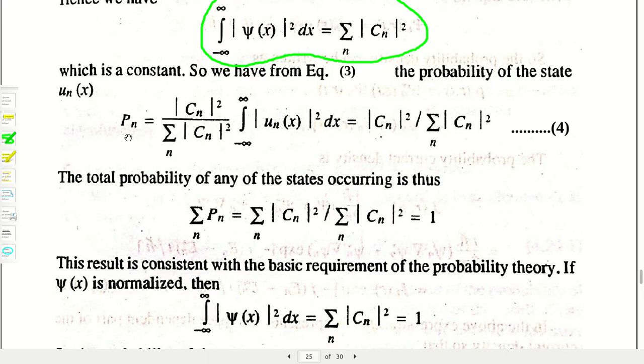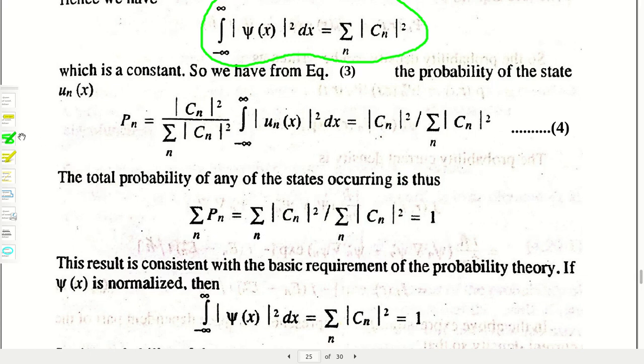If you take the summation over Pn, where n runs from 1 to infinity, then the sum will be on the numerator, not the denominator, because the denominator is a constant independent of n. So the numerator will be summation over n of mod Cn square, and the denominator is already there, so this will cancel and the result is 1.